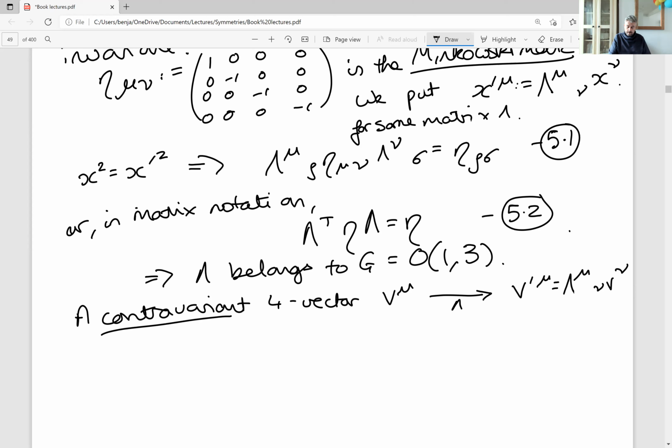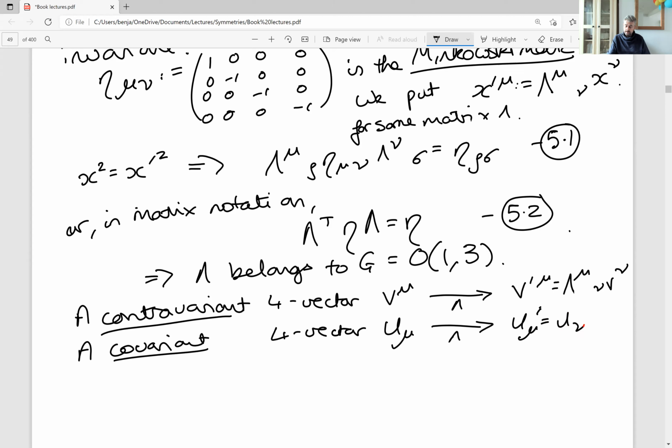But we define a covariant 4-vector, which we write as u with a mu downstairs now. This goes to u_mu prime is equal to u_nu lambda to the minus 1. So with a downstairs index, we mean lambda to the minus 1.